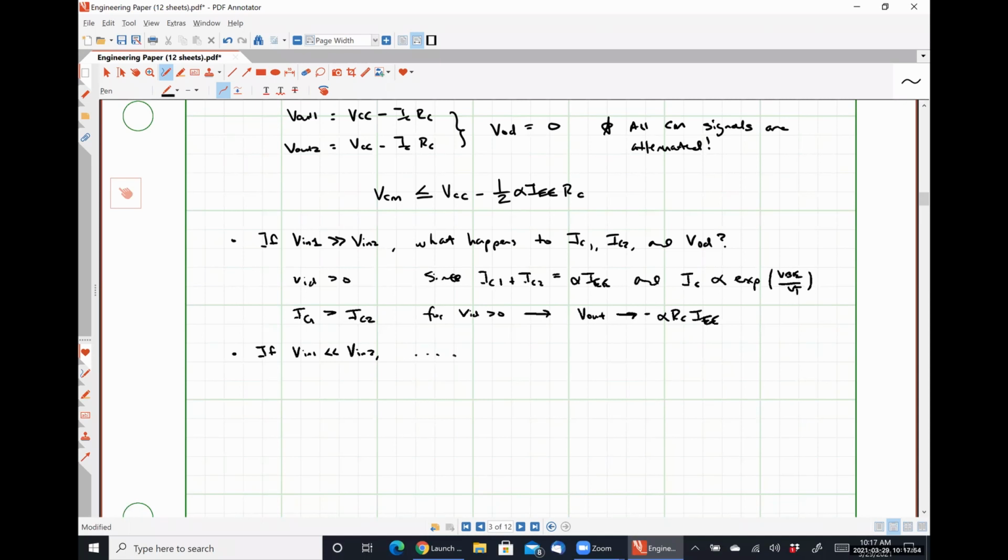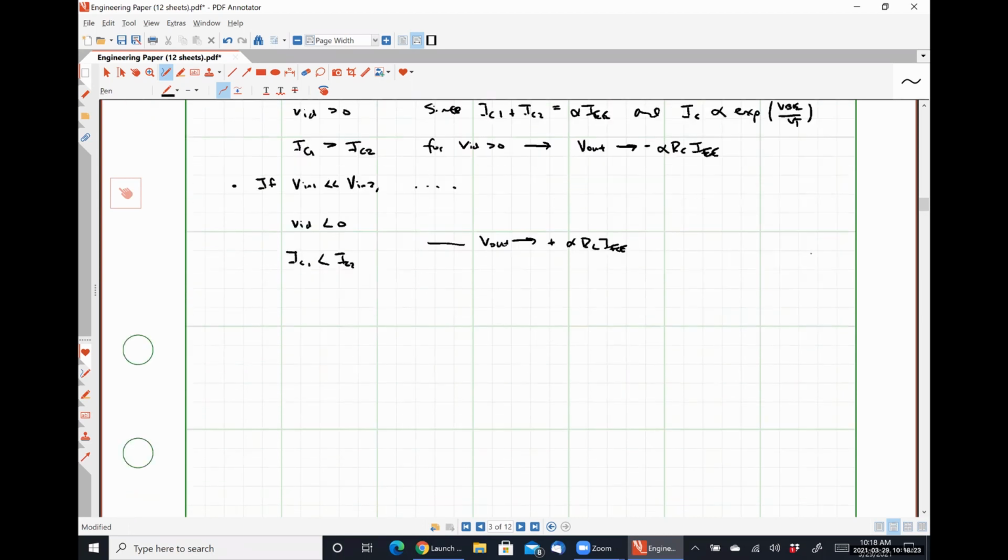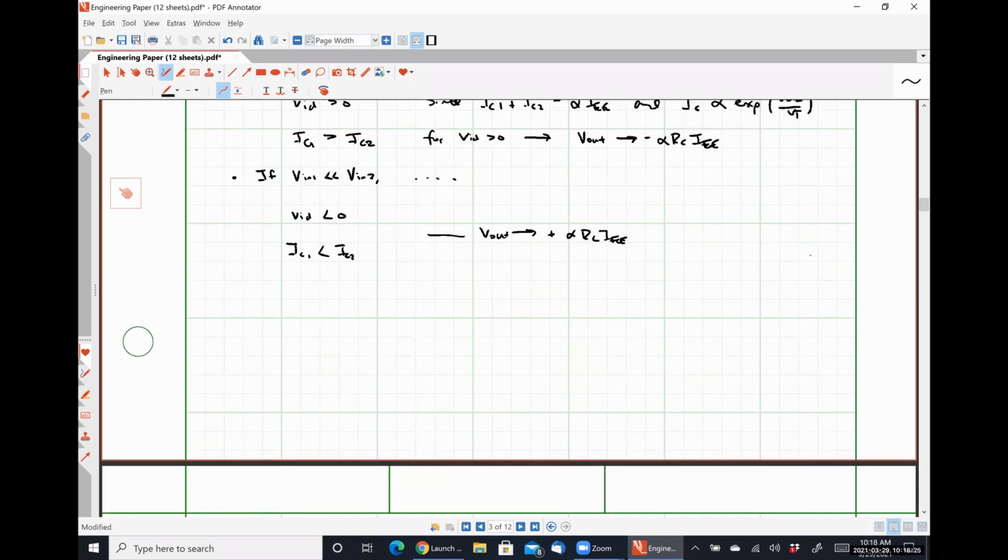So we should see that VID will be less than 0, IC1 will be less than IC2, which is going to cause Vout to approach positive alpha RC IEE as that differential voltage gets more and more negative. So we can summarize these results using a couple of pretty simple graphs. I'll try to do that real quick.